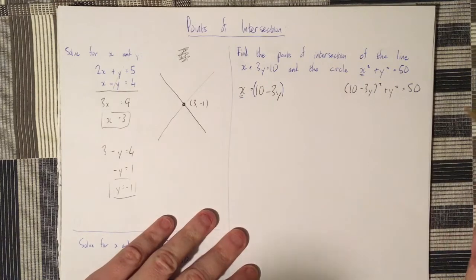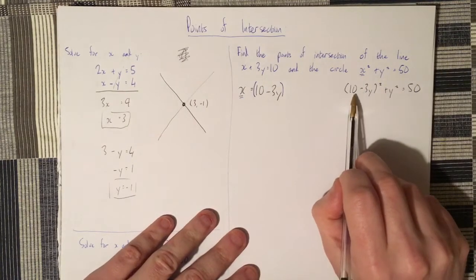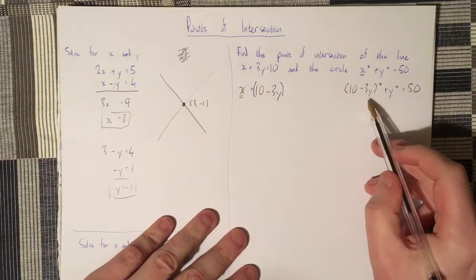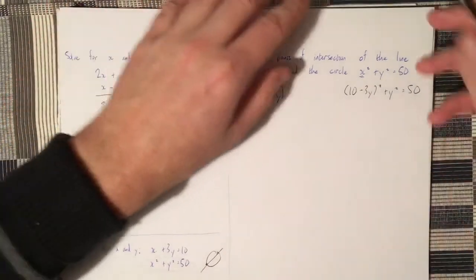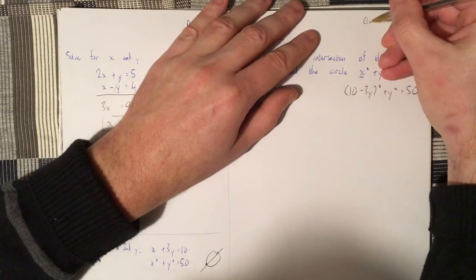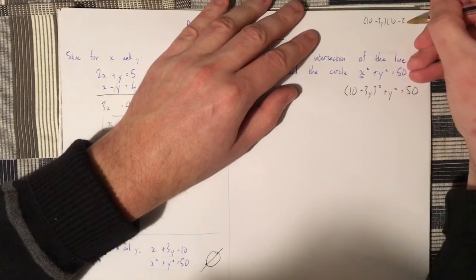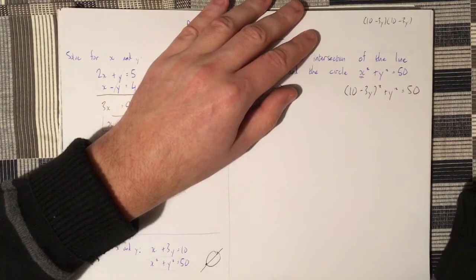All right. So first thing to be careful of here, 10 minus 3y to be squared. I'll just write that up here. So 10 minus 3y squared means 10 minus 3y multiplied by 10 minus 3y.